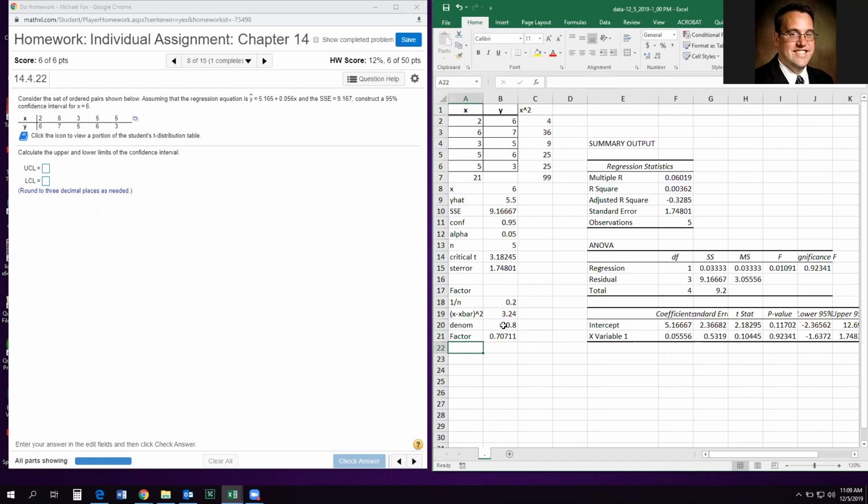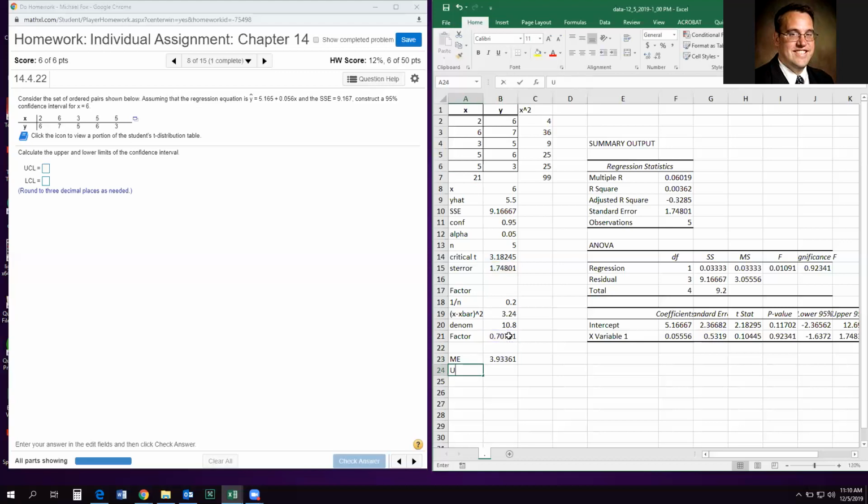All right, so now our margin of error for this is just going to be our critical t times our standard error times the factor.